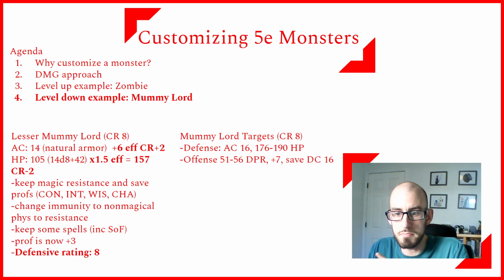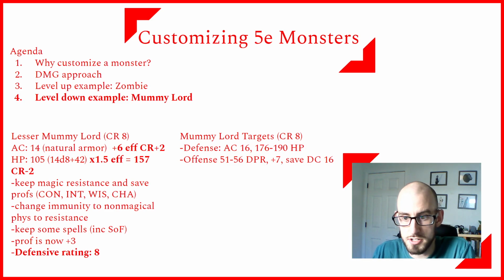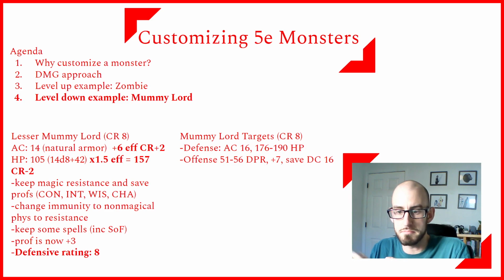So the effective armor class ups the challenge rating of this monster by 2, but because I lowered it and then increased it by 6, it's a difference of 4 from our target. And then our hit points more align with the CR of a CR 6, so that's a -2. Therefore, our defensive CR rating for our modified Mummy Lord is going to end up at 8, which is our target.